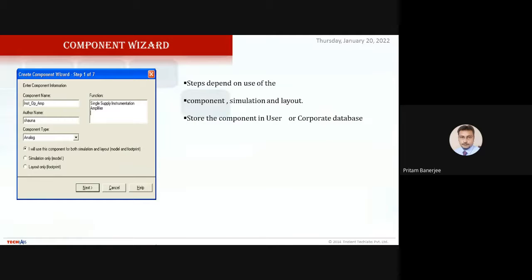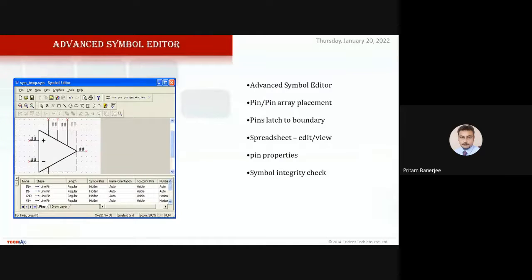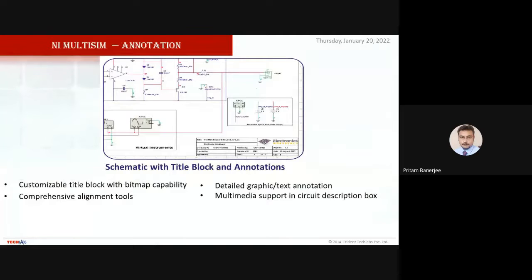Like the component wizard: if you don't have a component listed in the library, you could create it by selecting your SPICE model. If you have that SPICE model, you could copy it, paste it here, and create your own component.